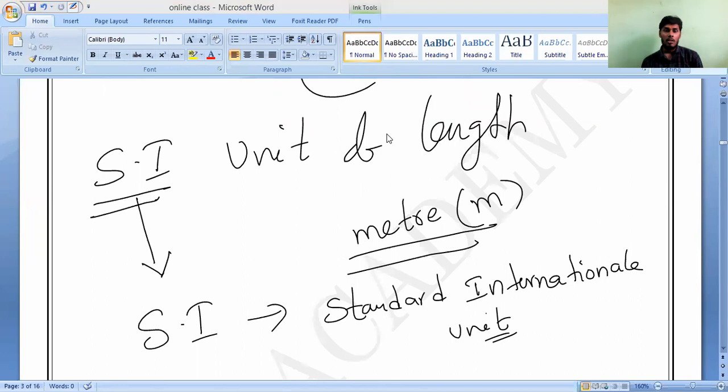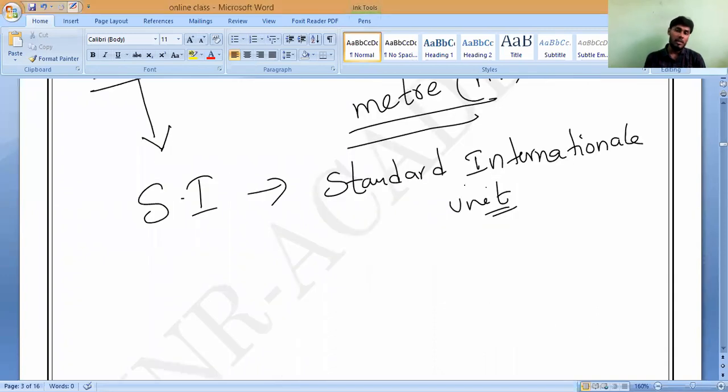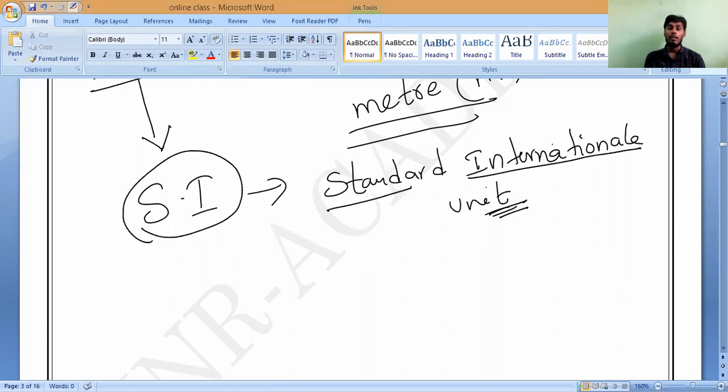This is what we can say: if somebody asks you what is the SI unit, you will say standard international unit. And the SI unit of length is called the meter, M-E-T-R-E, which is represented with a small m.